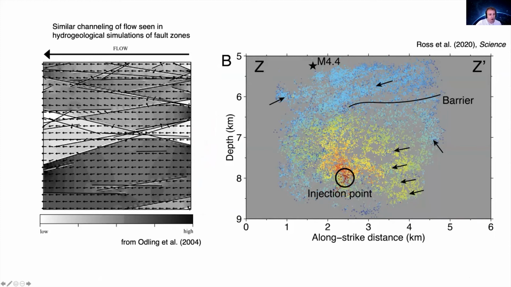So here, low or white colors is supposed to be low flow and dark colors is supposed to be high flow, all within this fault zone, just from adding in a bunch of fractures and assigning them kind of relevant permeability values and so forth. And so maybe that might be related to what we're seeing here, where you're channeling flow within this fault zone surface.